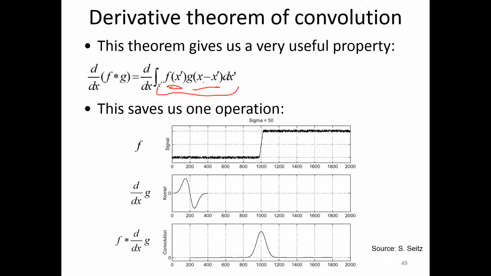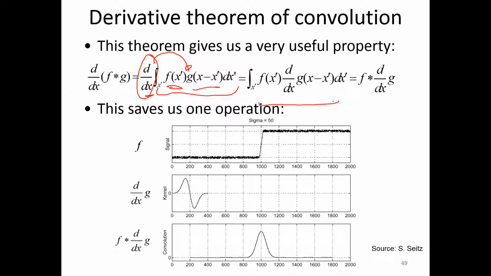If I take the derivative with respect to x here, but the integral is with respect to the dummy variable, then the derivative goes all the way inside and takes the derivative of g. Therefore this operation can be changed into this one.